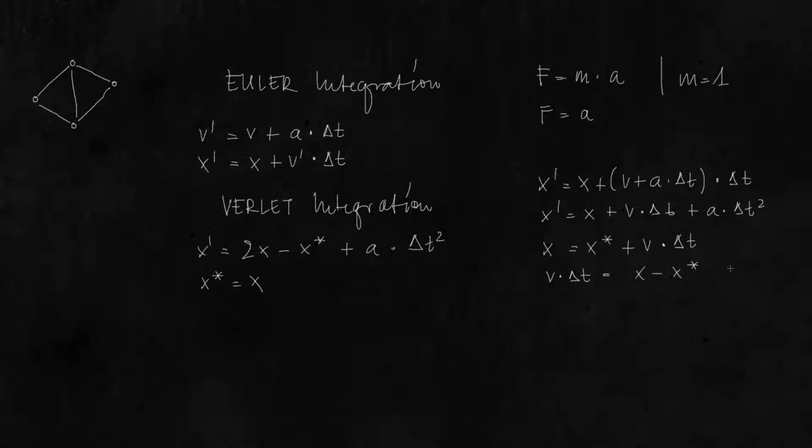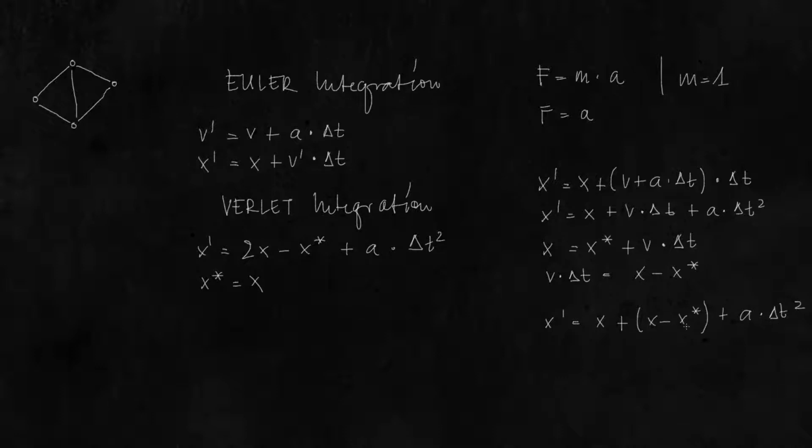Now we have a pretty nice expression for v times delta t, and we can plug it into this formula here. So let's continue with x prime is x, and now let's replace this term here, plus x minus x star, this term is now replaced, plus a times delta t squared.